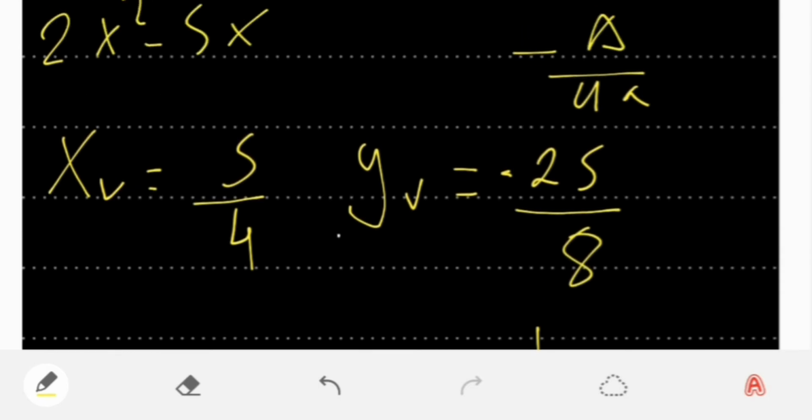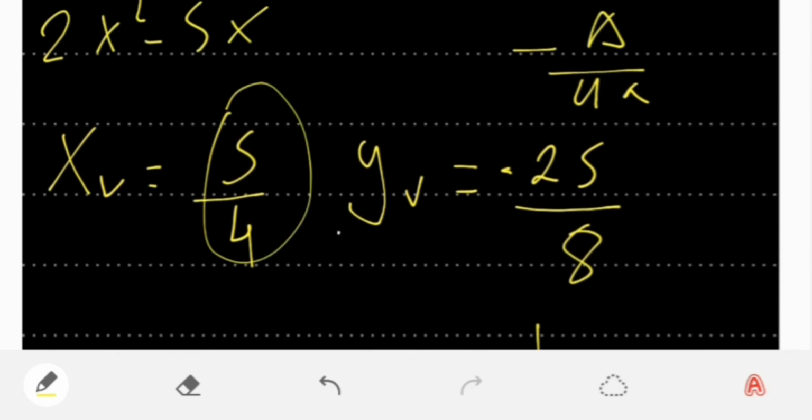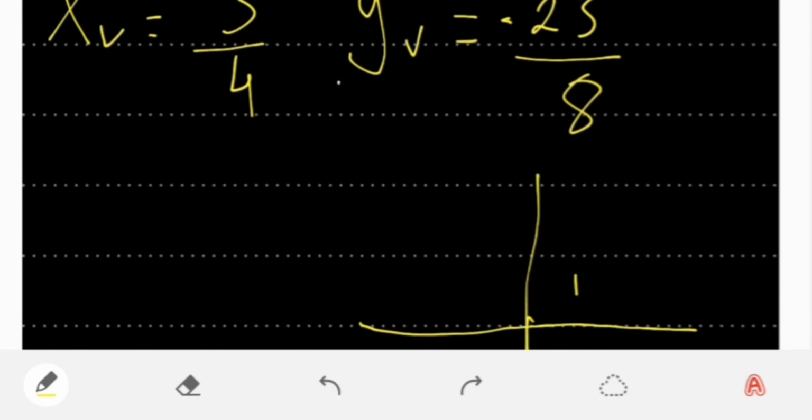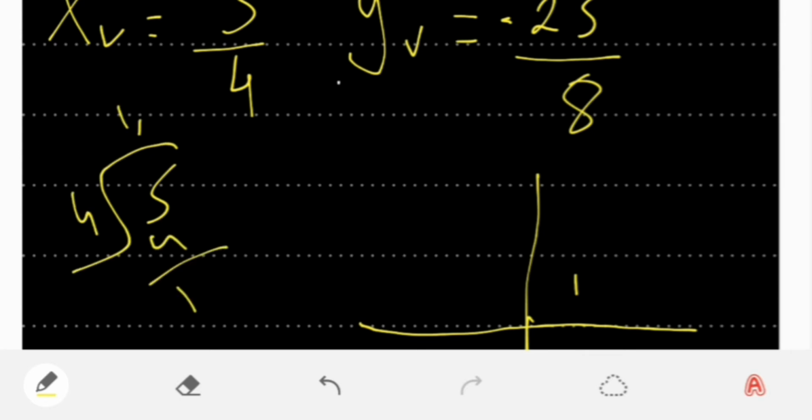And then we are going to have this 5 divided by 4, which is slightly bigger than 1, right? Let me do this. 5 divided by 4, we have 4, 1, 2.